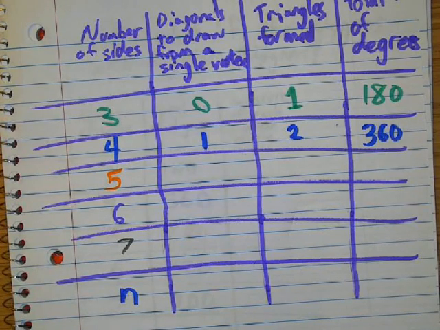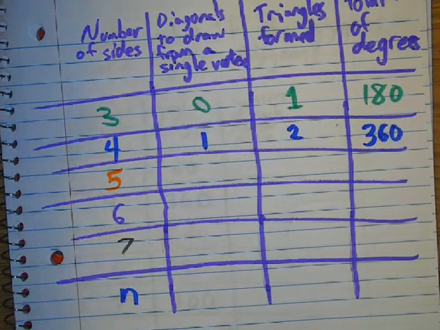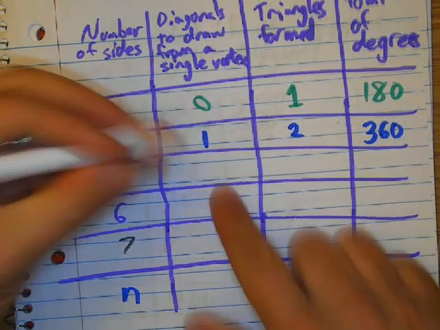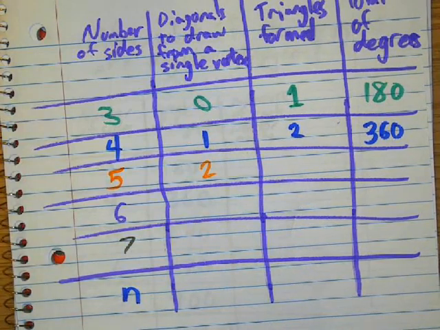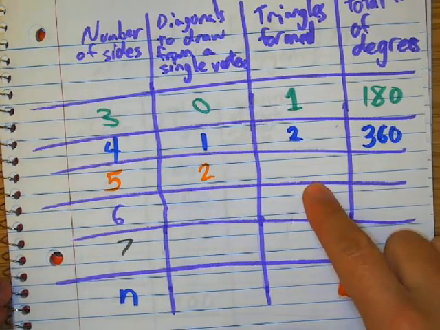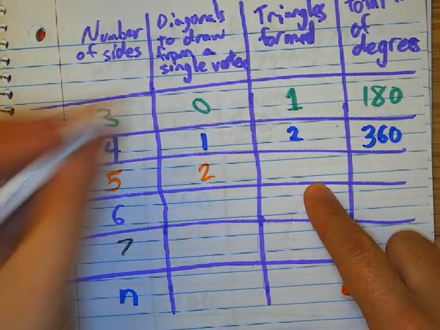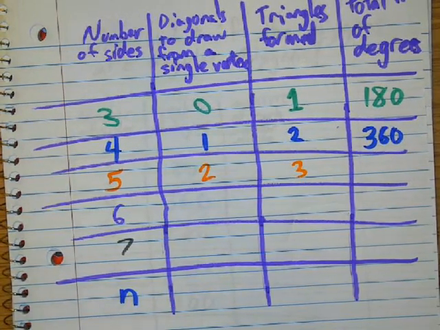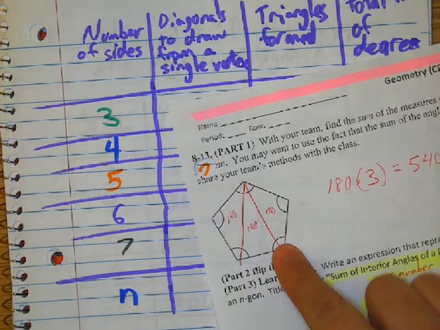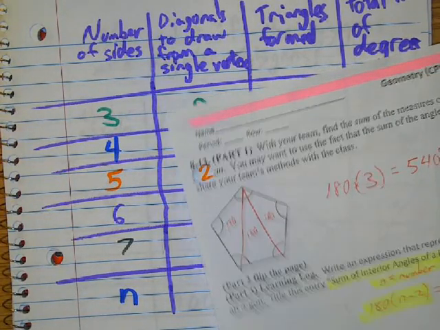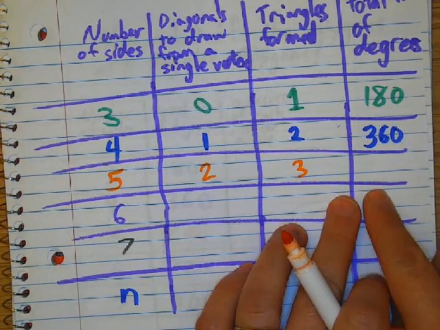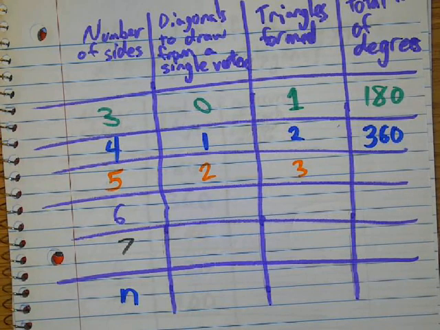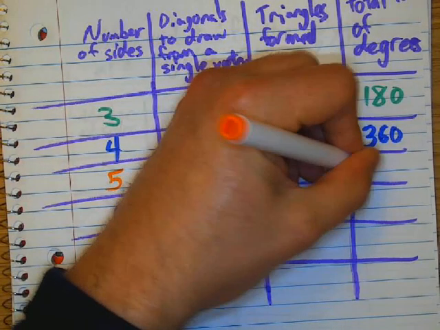Now a 5-sided shape, which is a pentagon, we said that we could draw 2 diagonals, and it gave us 3 triangles on the pentagon. So here's a pentagon with 3 triangles, and we said that the sum of the interior angles of the pentagon is 540.